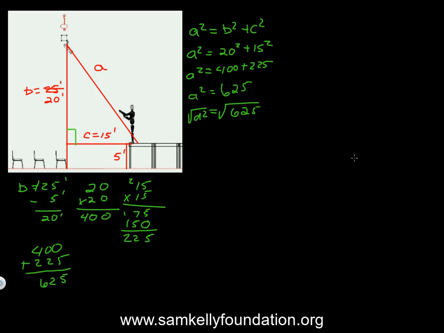So let's see how many times 25 can go into 625. Well, 25 doesn't go into 6, but it does go into 62 2 times. So that makes 50. 6 minus 5 is 1, 2 minus 0 is 2, bring down the 5 is 125.